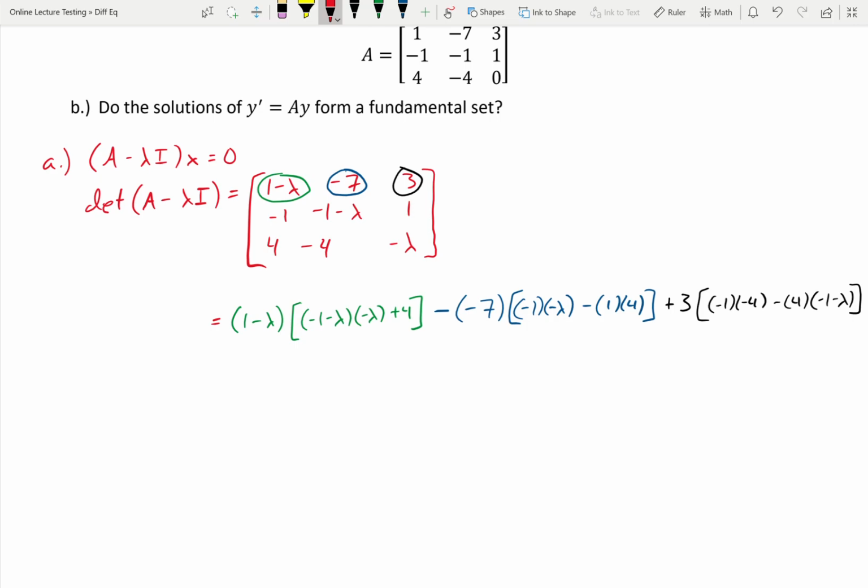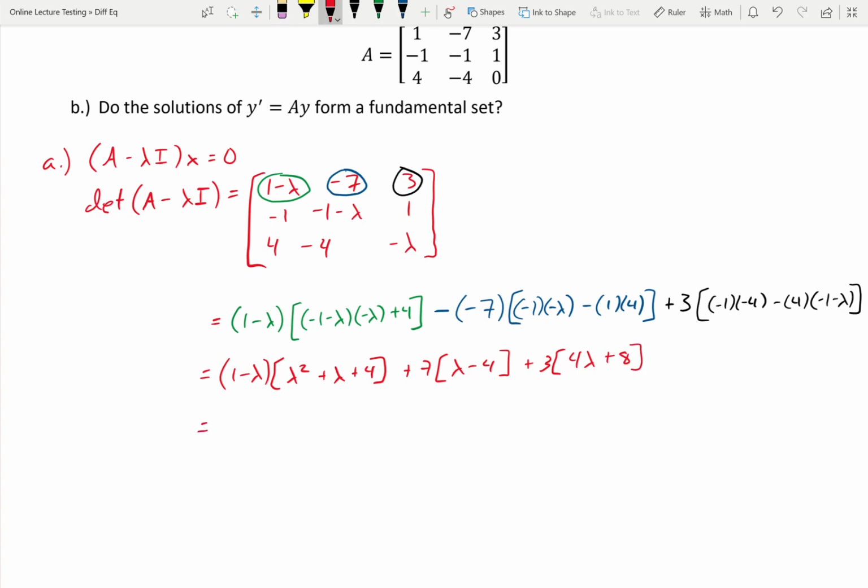I'm going to write the rest of this out in red. We get 1 minus lambda times lambda squared plus lambda plus 4, plus 7 times lambda minus 4, plus 3 times 4 lambda plus 8.